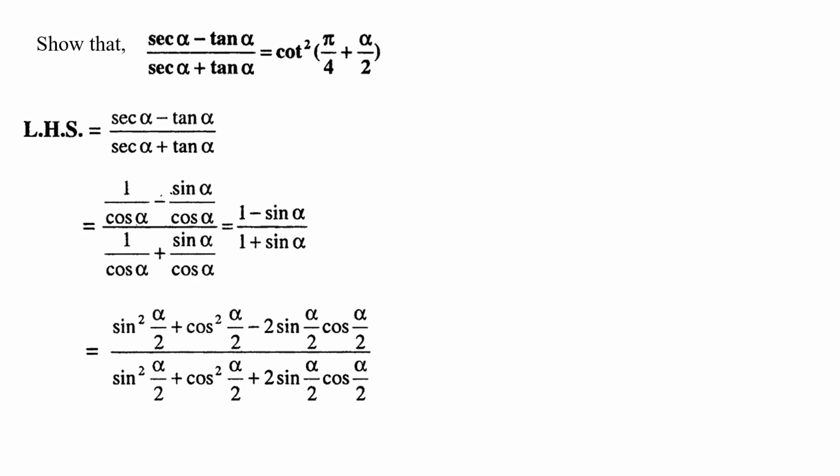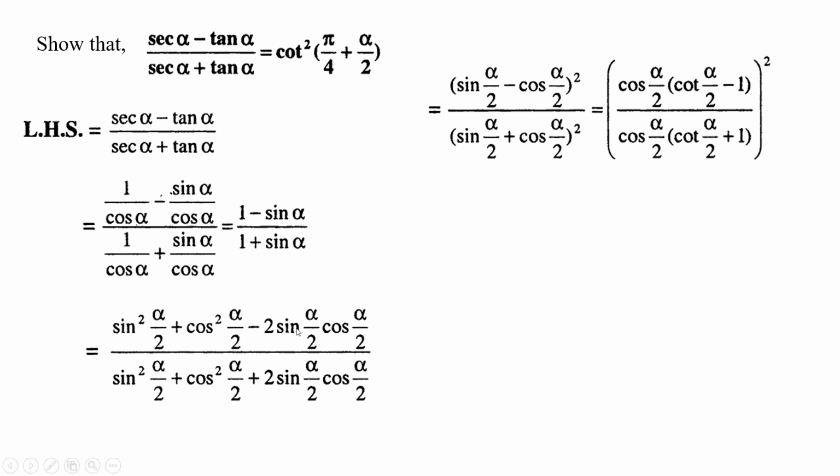And in a similar way, using the formula sin a equal to 2 sin a by 2 cos a by 2, we get this. And replace 1 by sin square alpha by 2 plus cos square alpha by 2. Then the formula will be (a minus b) whole square, and in denominator (a plus b) whole square.